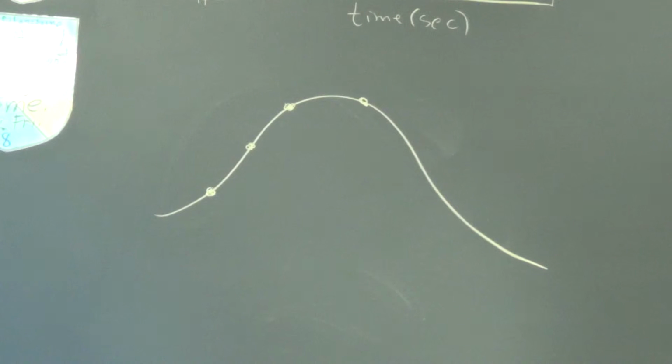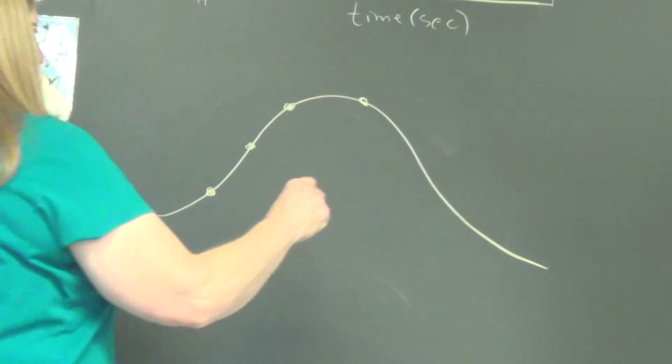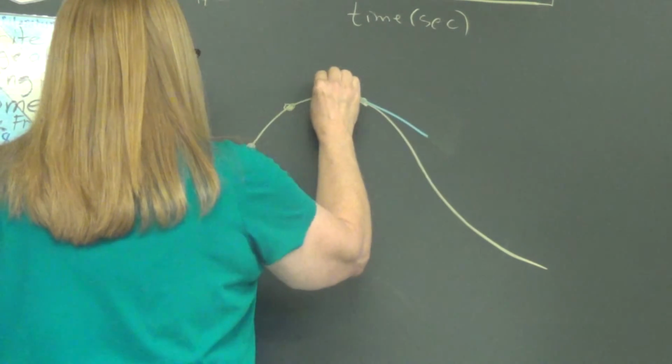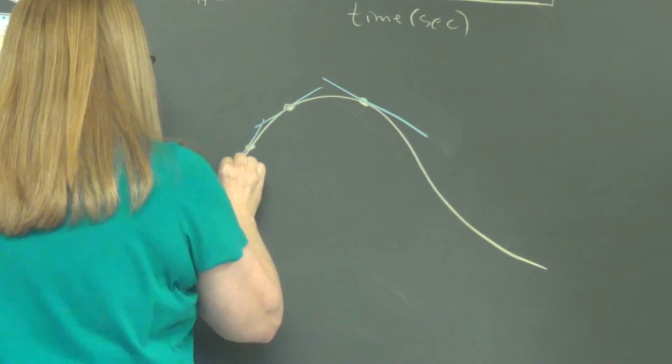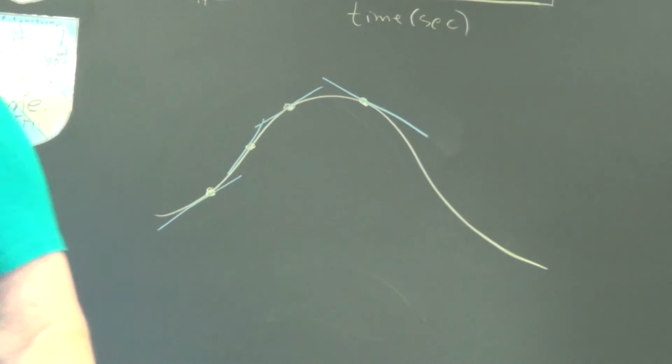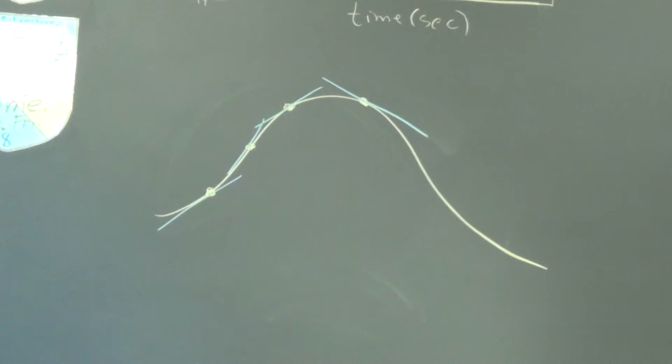All right, with the hill and the 4 dots, I want you to create a tangent line at each of those. All right, look at my 4 tangent lines and notice that some of them are underneath the curve and some are above the curve.